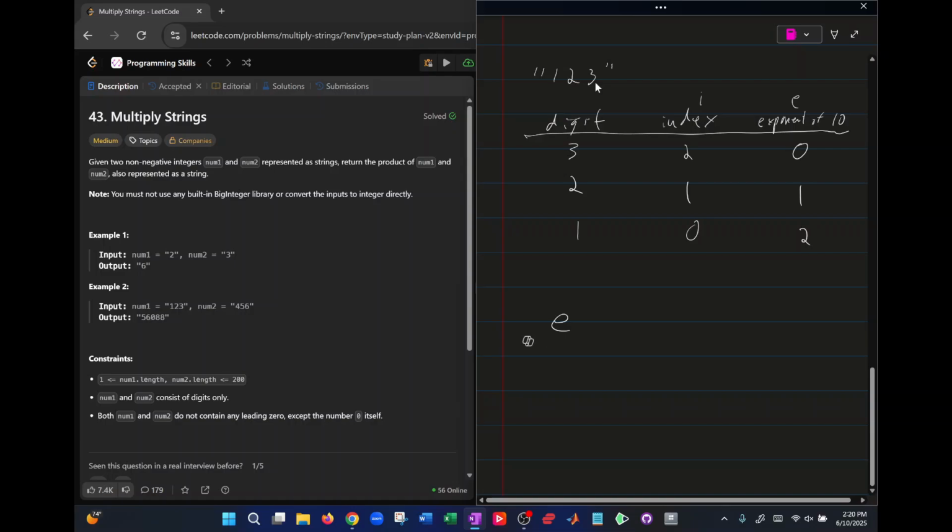So the rightmost digits are going to have the smallest exponents.